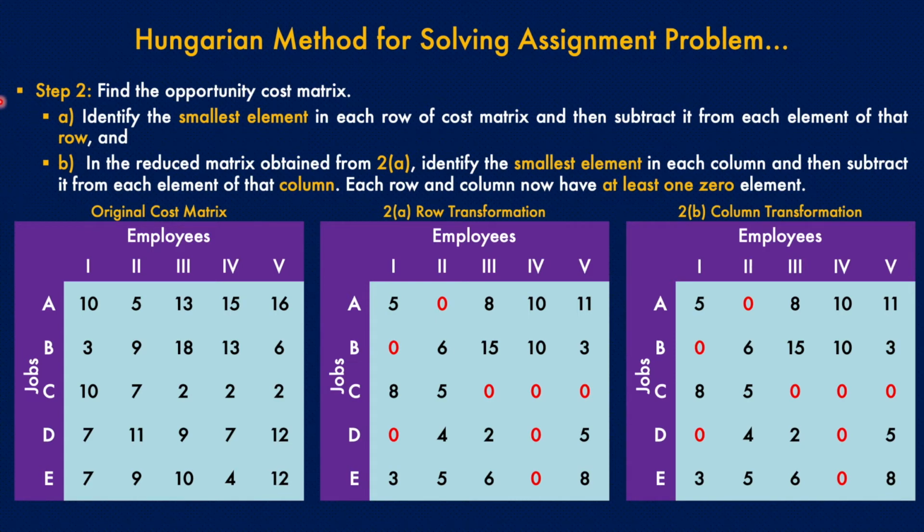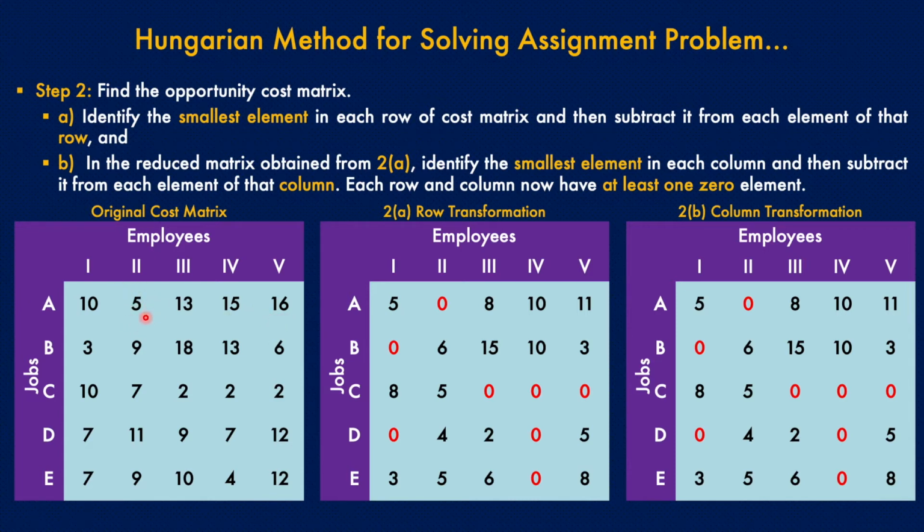For that, identify the smallest element in each row of the cost matrix and then subtract it from each element of that row. So from the original cost matrix, look into the first row and identify the smallest element. So 5 is the smallest element here.